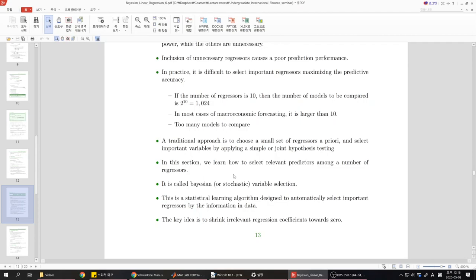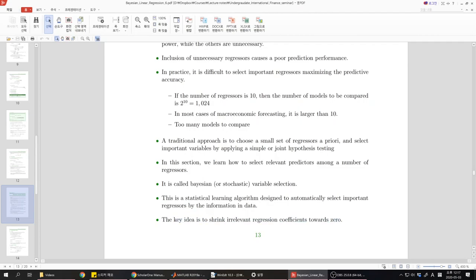But in this method we consider a huge number of regressors, and we just let the data choose the optimal set of regressors, which consists of relevant or important regressors only.